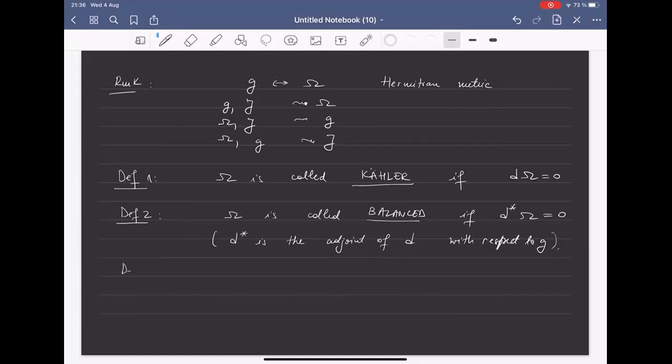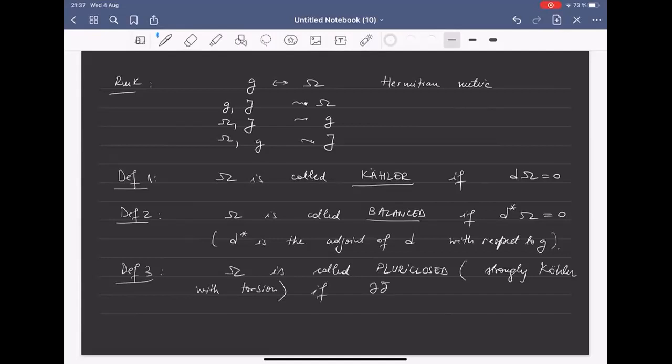And in a similar fashion, another intensively studied kind of metrics are pluriclosed metrics, also known as strongly Kähler with torsion. And these are those metrics for which the fundamental form is ∂-bar closed.